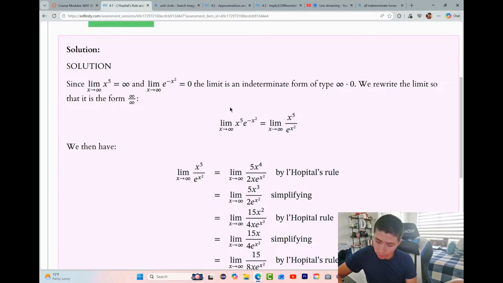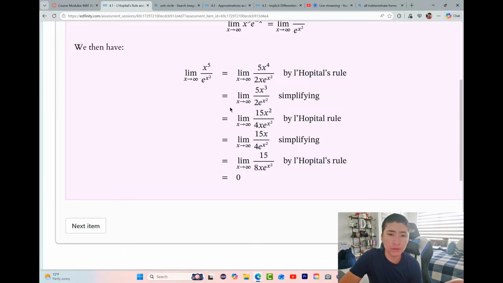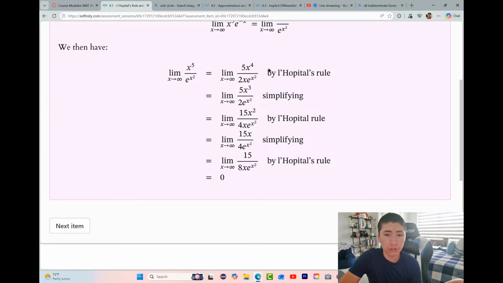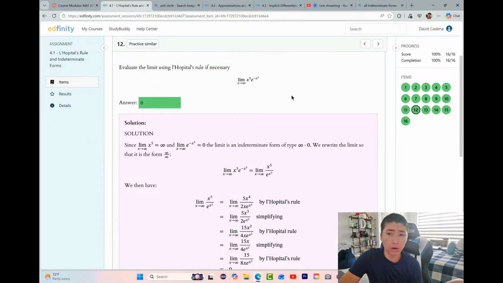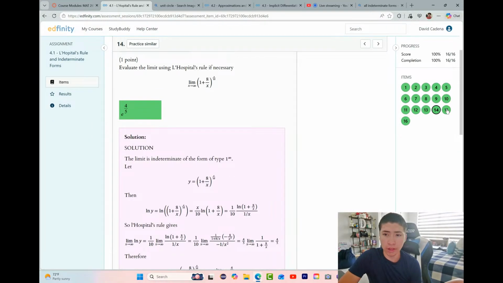That's infinity over infinity, an indeterminate form. So we apply L'Hopital's rule: 5x to the 4th over e to the x squared times 2x. Now if we input infinity, we get infinity over infinity times infinity. Yeah, we're just going to keep repeating. So we have to do all of this? For real? Okay, all right, yeah, so that's that.